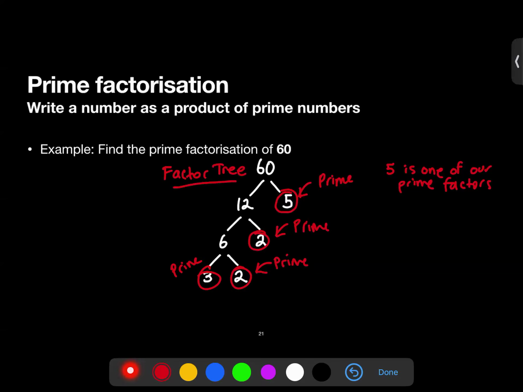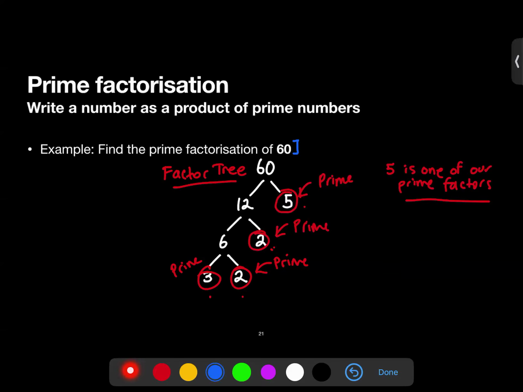So each of the numbers we have circled, so 3, 2, 2, and 5, are our prime factors. So we can write the number 60 in terms of the prime factors.